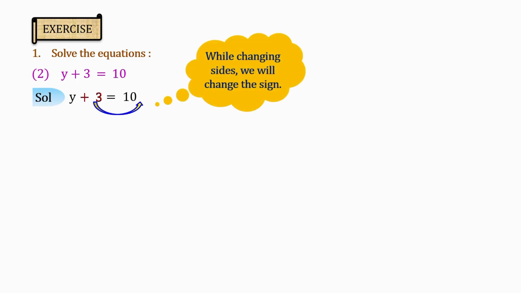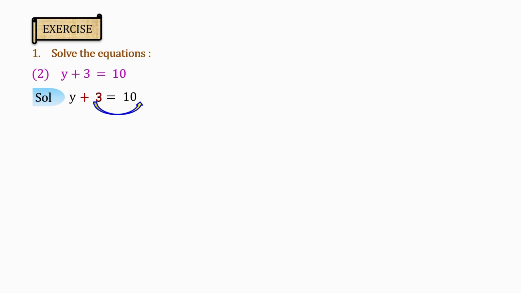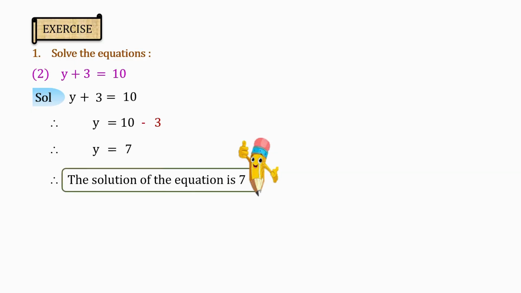While changing the side, we are going to change the sign as well. So, in this case, plus will become minus. So, y equal to 10 minus 3. Therefore, y equal to 7. So, the solution of the equation is 7.